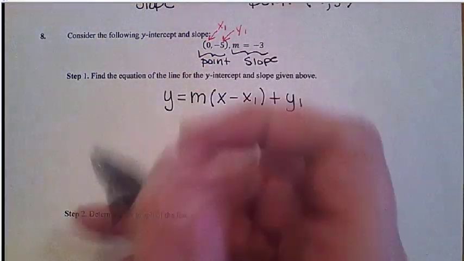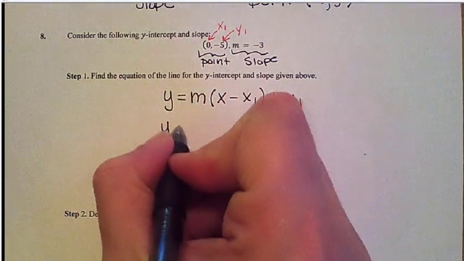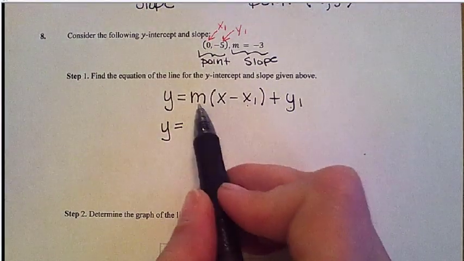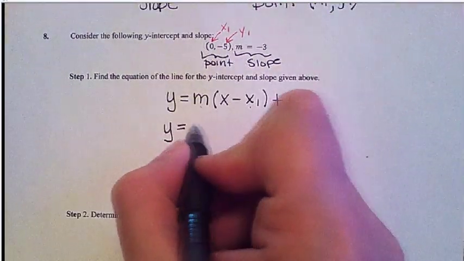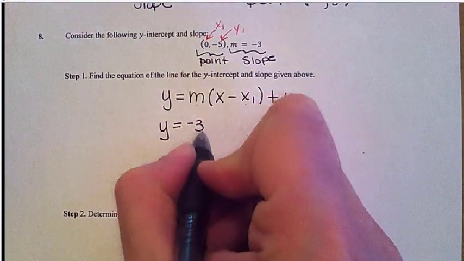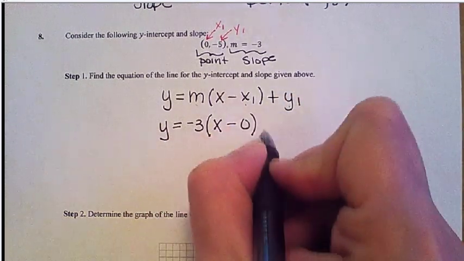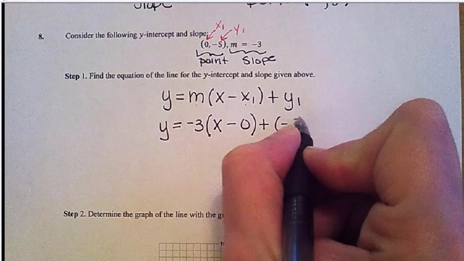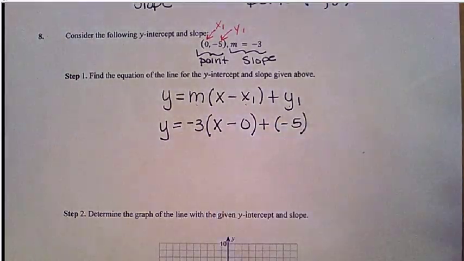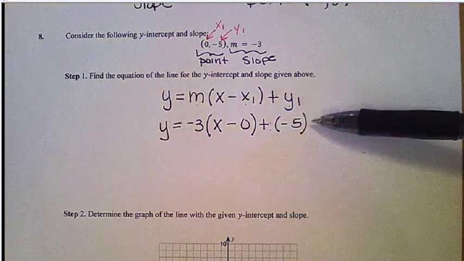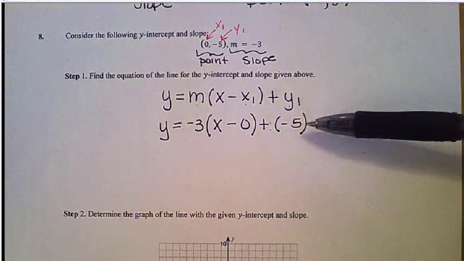So we're just going to plug that information in. We're not going to mess with our plain old y's and x's. We're only going to plug into the x1 and the y1 and the m. So we've got y equals negative 3 times x minus 0 plus a negative 5. Again, looking at my formula, remember my formula is addition, and then I'm plugging in a negative 5.